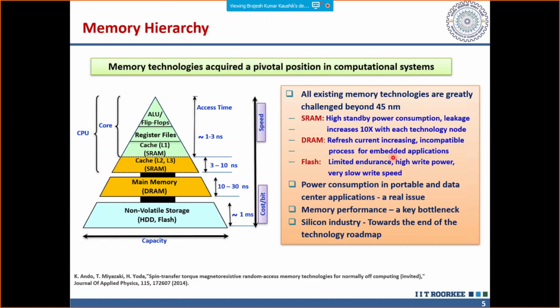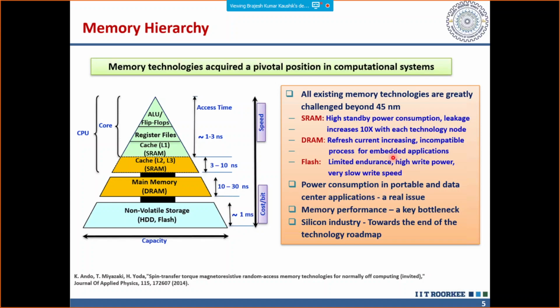Now, as I said, data centers have their own limitations. The memory performance in these data centers is one of the key performance bottlenecks. Most of these memories are made up of smaller and smaller devices based on silicon.